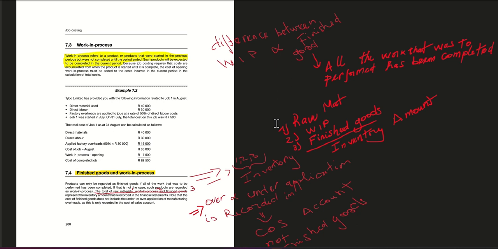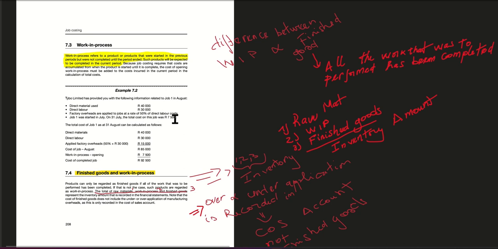So the cost of opening work in process must be added to the cost incurred in the current period in the calculation of the total cost, right? And this is what example 7.2 tells you: you have a factory overhead applied to job cost at a rate of 50% of direct labor cost.